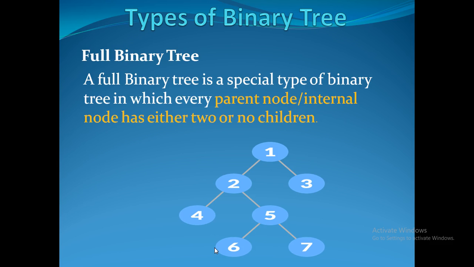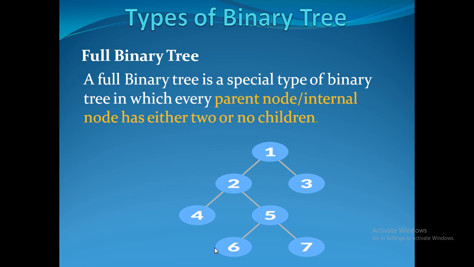In this case, 1, 2, 3, 4, 5, 6, 7: 4, 6 and 7 are the leaf nodes, 2 and 5 are internal nodes, and 1 is the root node. This is a full binary tree. Every parent or internal node has either 2 or no children. That is the concept.